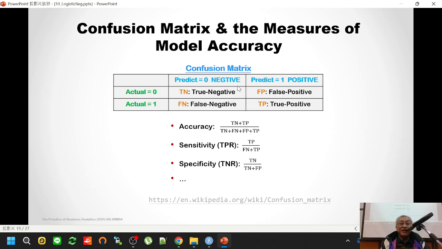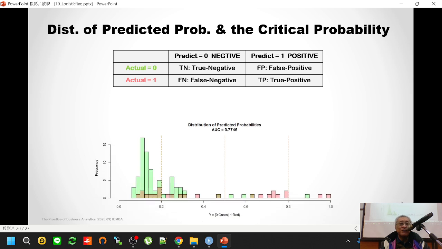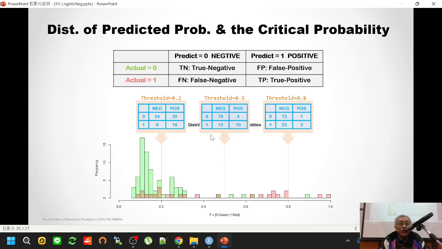So as I say, when we do the prediction, traditionally we set the threshold probability at 0.5. Whenever the predicted probability is larger than 0.5, we would say positive. But actually, in practice, the threshold can be adjusted.